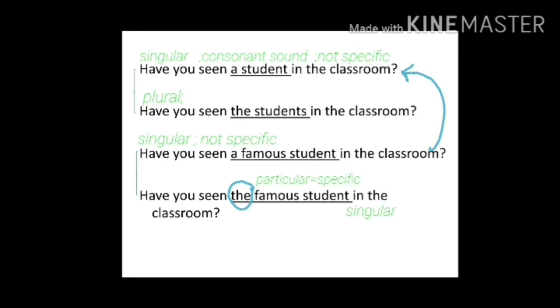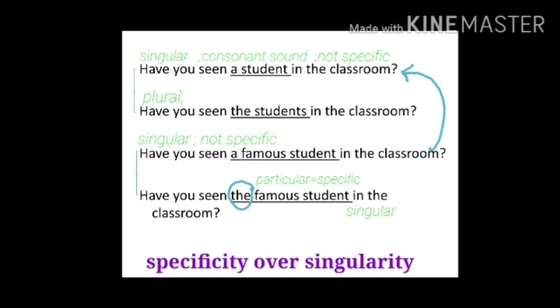So what is considered more here is the noun being specific. This means that even if a noun is singular, it does not automatically use the article a or an. You have to consider first if you want to refer to a specific noun or not.